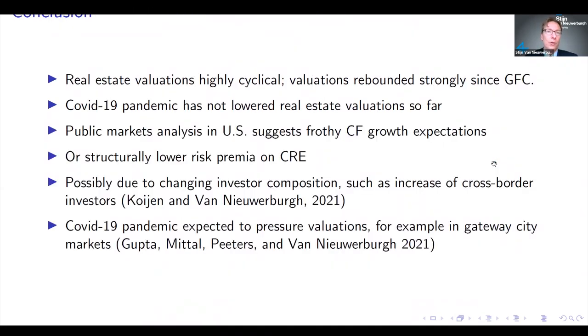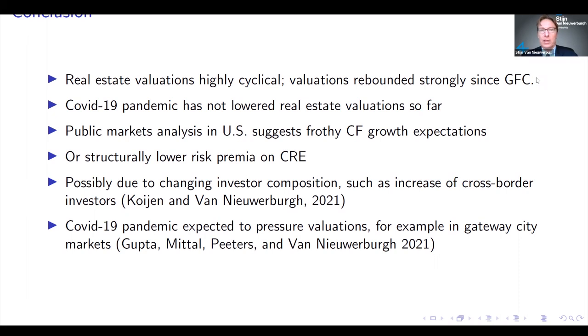So to conclude, real estate valuations are highly cyclical. These valuations have rebounded very strongly since the great financial crisis. The COVID-19 pandemic has not lowered real estate valuations, at least not in the aggregate. Of course, it has done so for some sectors like hotels and retail.